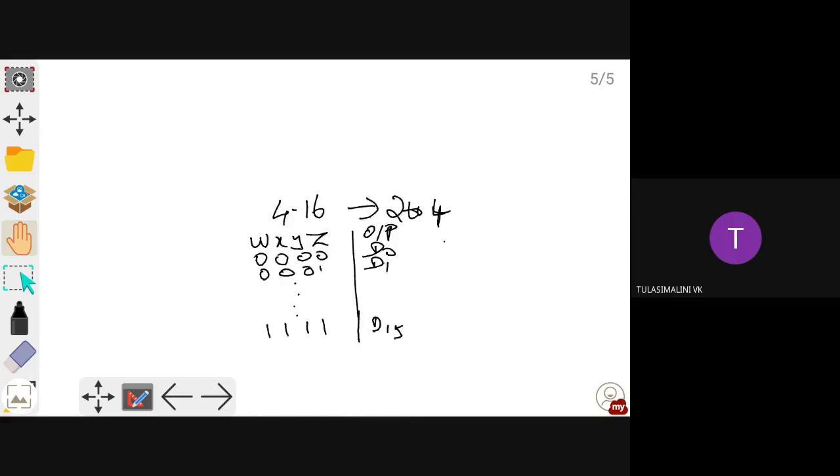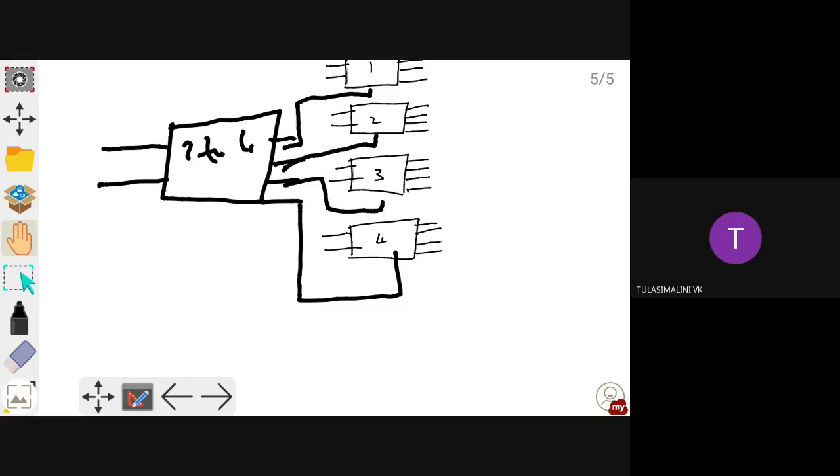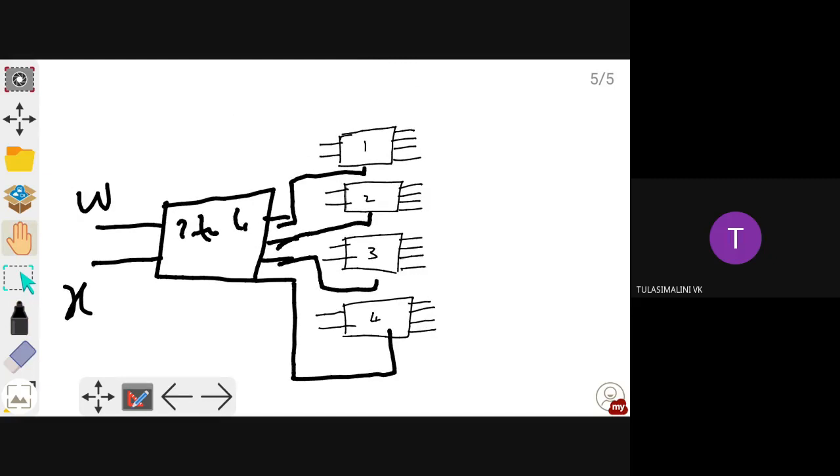So what is the truth table here? The truth table is WXYZ. W and X are used for enabling the decoders, and YZ is used as the input for the 2 to 4 decoders. So you see here, I am giving WX here and YZ is the input for these decoders.